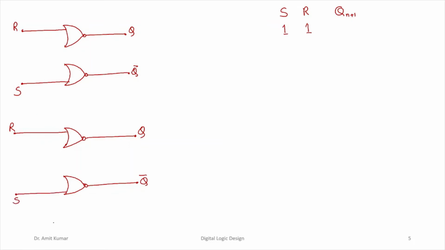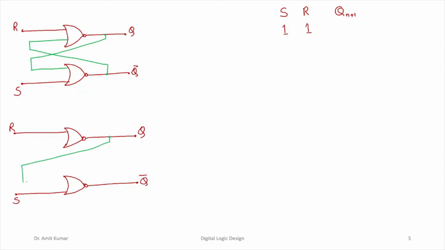And since these are latches, both of the configurations are a configuration of an SR latch using NOR gate, so the output will be connecting to this input of the NOR gate with the help of this feedback mechanism. This Q bar will be connecting to the input of this particular NOR gate with the help of feedback mechanism.